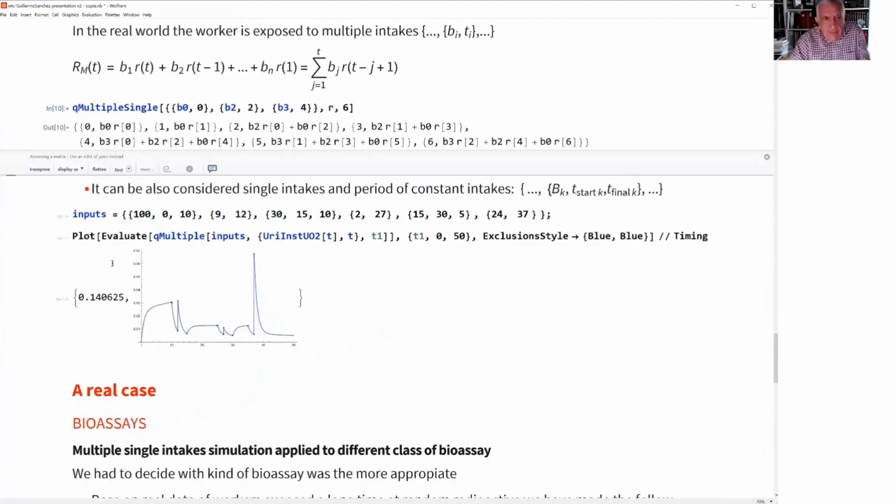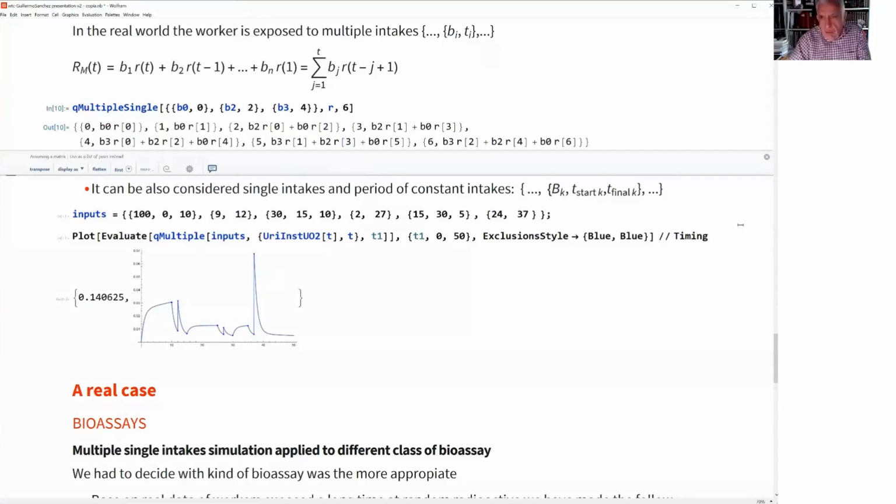Here is an example. I assume a single intake of 10 and an intake of 100 from day 0 to day 10, and so on. Day 12, 9 becquerel, and so on.